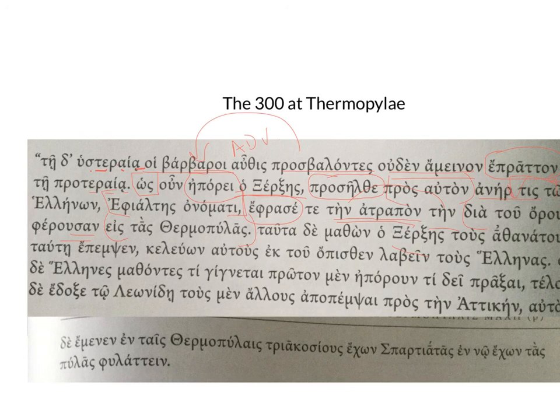And then mathon tauta. Here's a nominative, masculine, singular, aorist active participle. Having learned tauta, these things. Here's our subject, Xerxes. What did he do? He sent, he pempoed, third person singular, aorist active indicative. He sent tous athanatus, the immortals, the deathless ones, the immortal ones. Taute here.